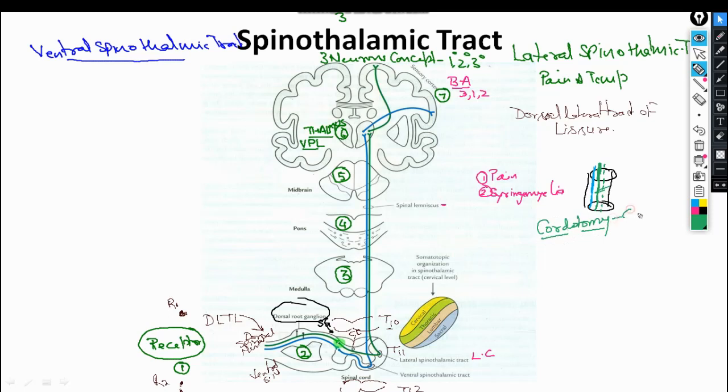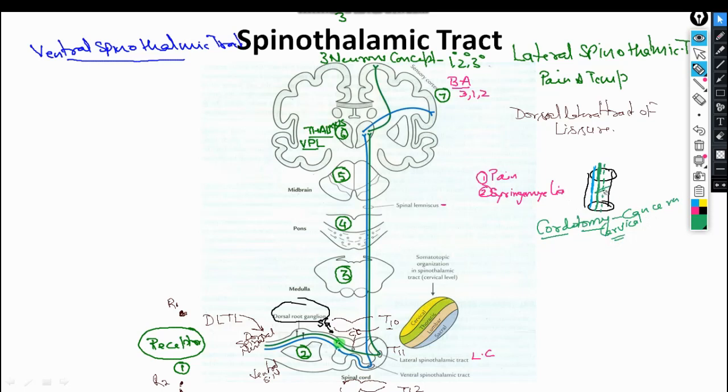Actually in cancer patients, even after giving a lot of analgesics, the patients still complain of a lot of pain. In those cases, what the surgeon does is, when this tract passes this way and reaches the cervical region, in the cervical region it becomes very superficial.